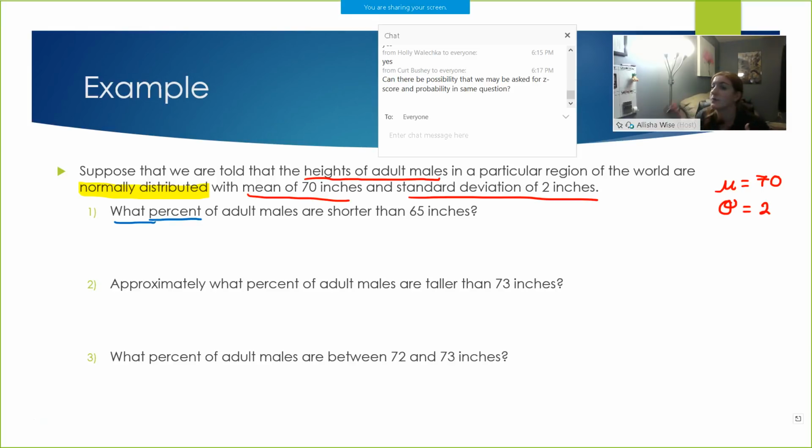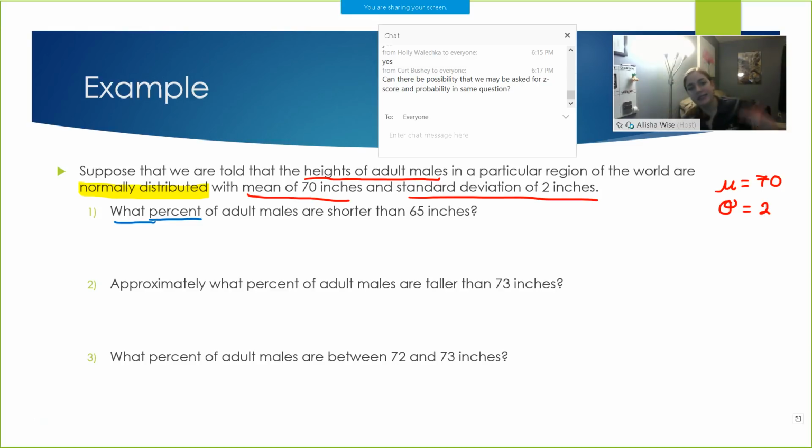So if they ask for the percentage, percent, or probability, they're all asking you to do the norm.dist function in some way or another, okay? Kurt asked a great question. He said, can there be a possibility that we may be asked for z-score and probability? You will not be asked for z-score and probability in the same question. They will be different questions. Good question.